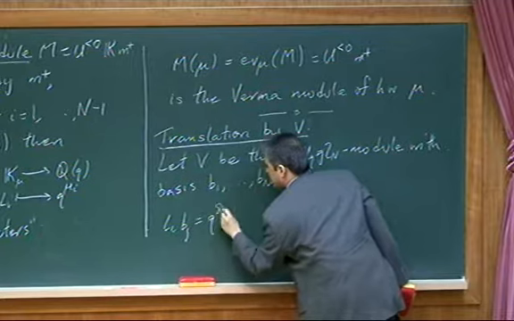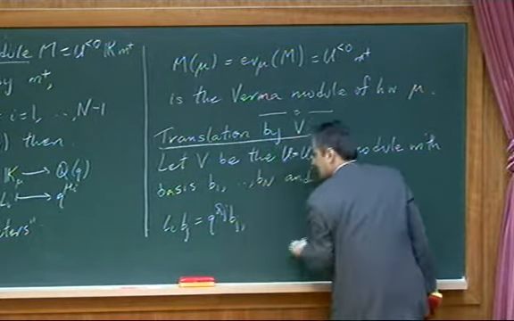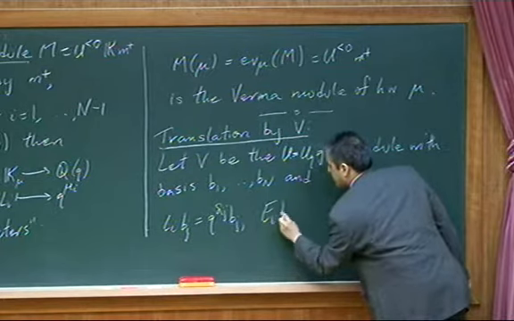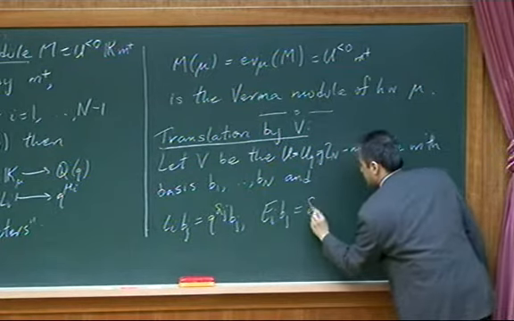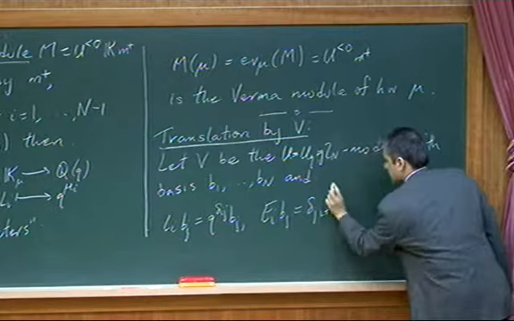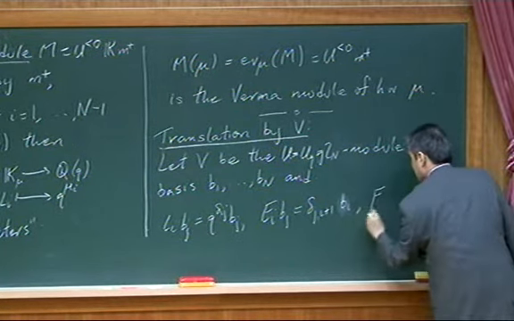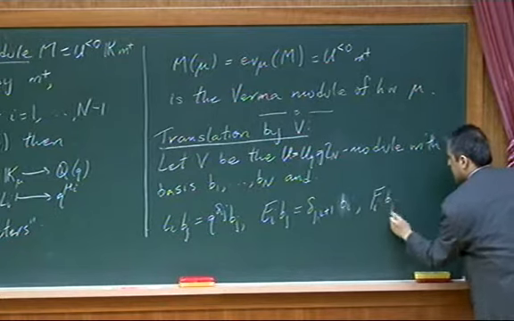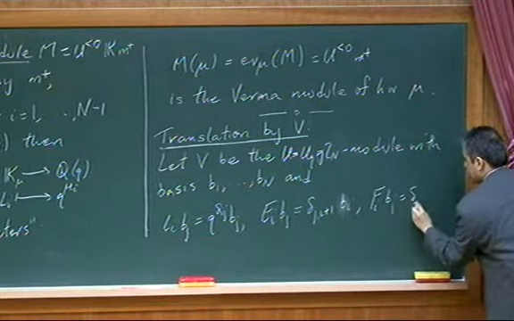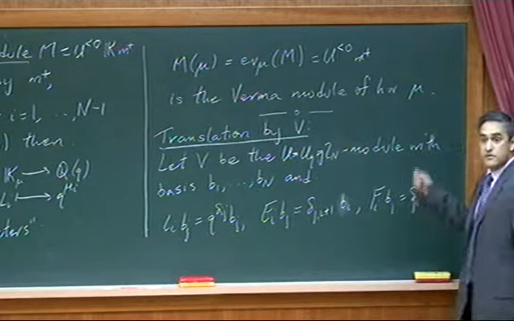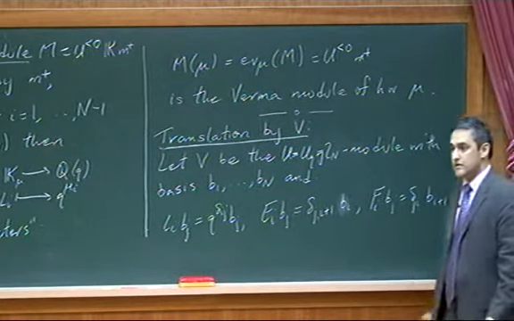So K_i acts on b_j by q to the delta_ij. So they are weight vectors, and e_i b_j is delta_{j,i+1} b_i, and f_i b_j is delta_{ji} b_{i+1}. So it's the usual n-dimensional representation.